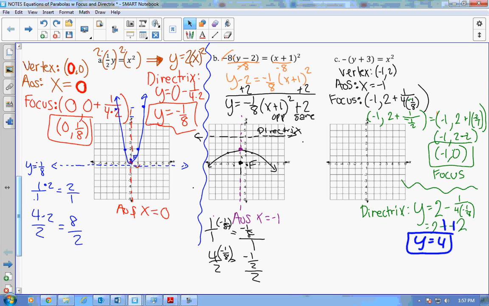M equals? No, not mx plus b, that's slope-intercept form for an equation. What's the rise? Rising up and down, are those x's or y's? Those are y's. y2 minus y1 over x2. So you already know how to do this.